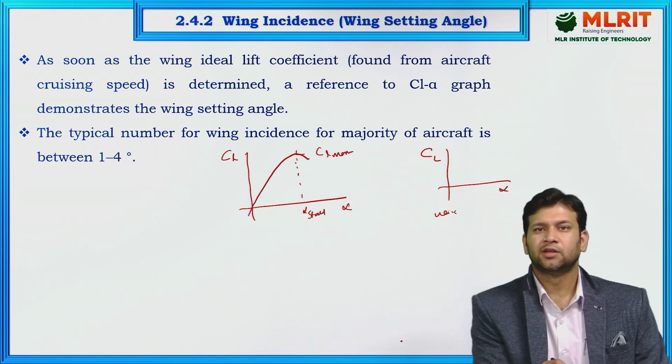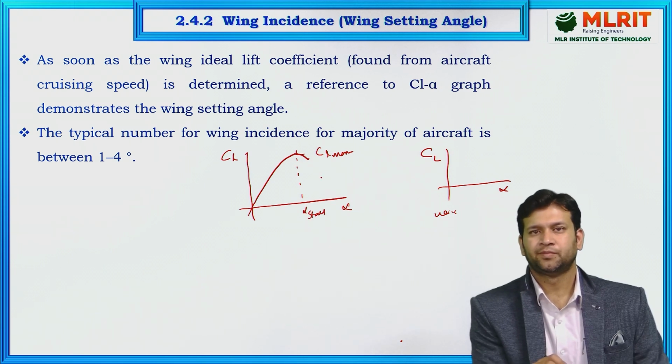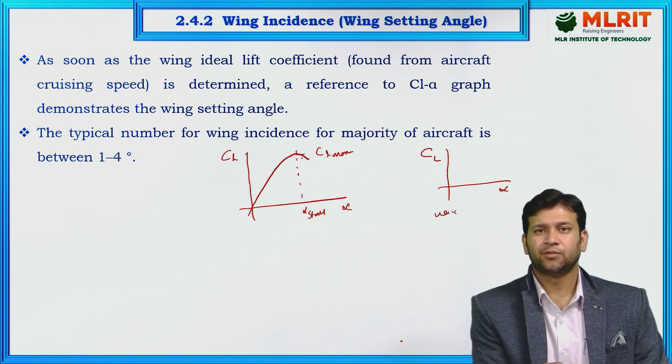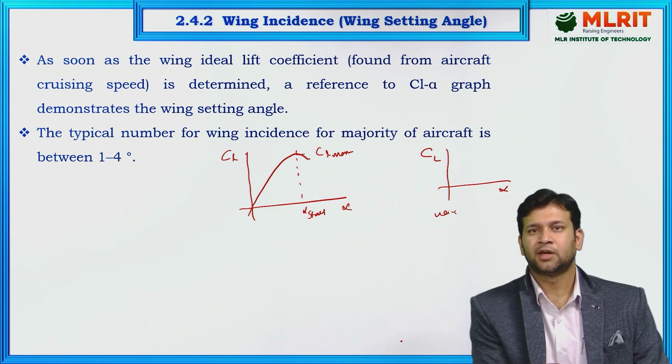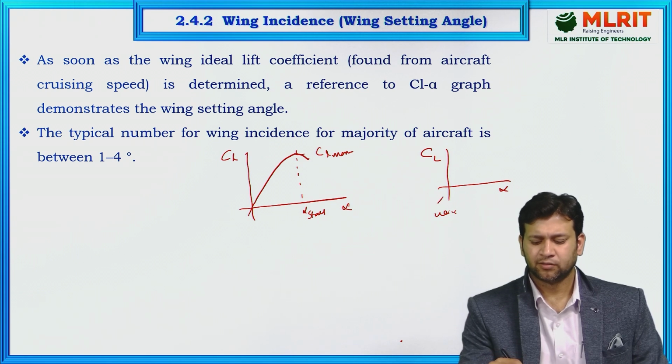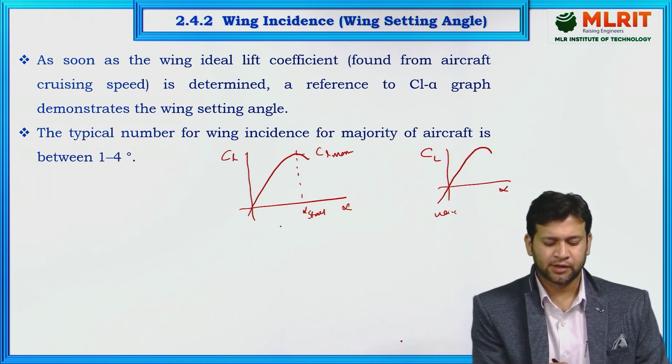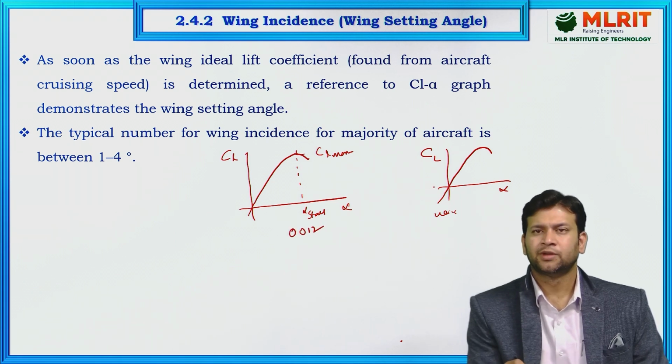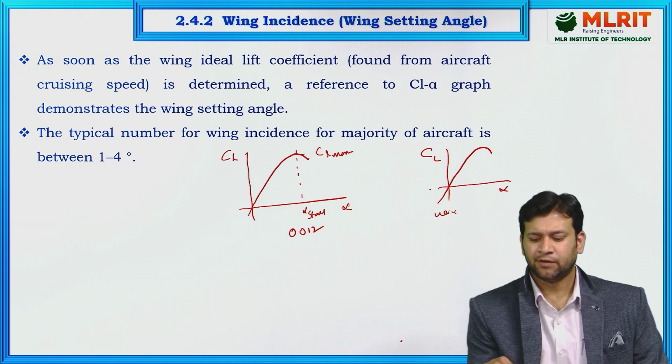From here, the lift tends to fall down. So this is alpha stall. From here, the lift starts to lower. Same thing with the wing. It's a symmetric airfoil, so assume it is NACA 0012. With the same airfoil, if we have a wing configuration, it will have the same alpha stall, and this is CLmax.